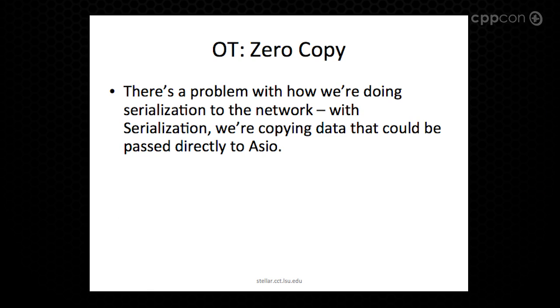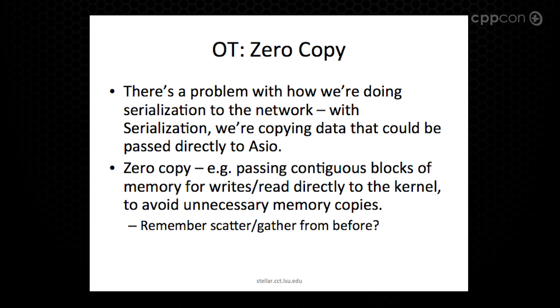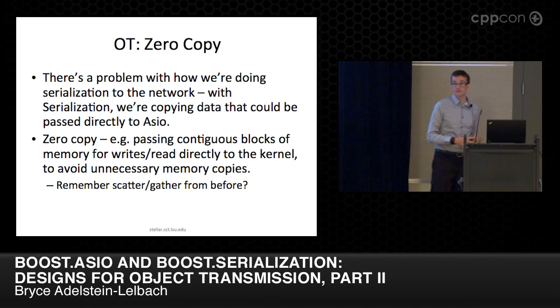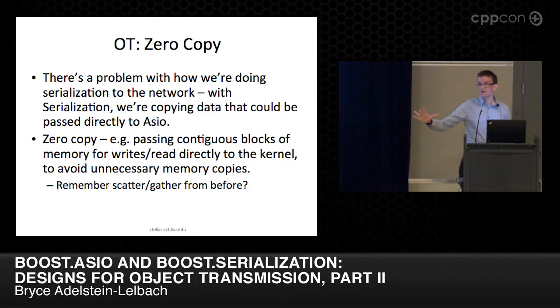I mentioned this a little bit before, but it's not so good if I've got an array and I copy it when I'm sending it over the network, because I shouldn't need to do that. An array is basically a contiguous block of memory. I should be able to use that as my buffer and pass that through to the operating system, and it should be able to use that to do the write, and I shouldn't need to copy it anywhere.